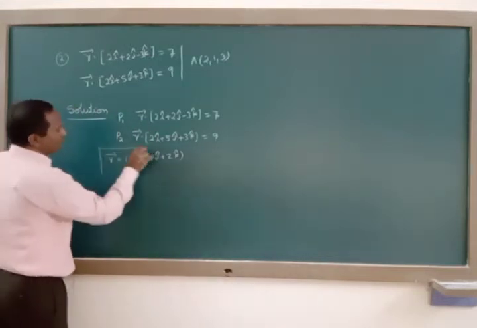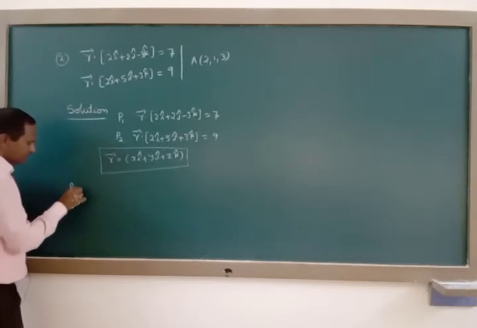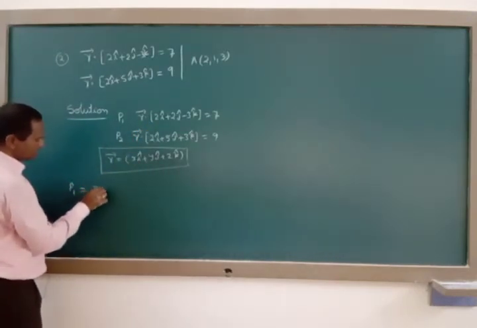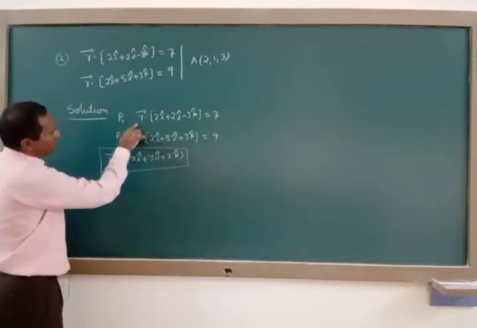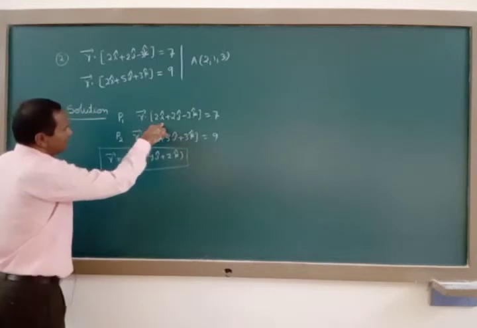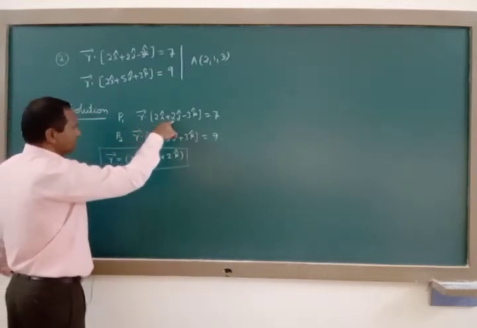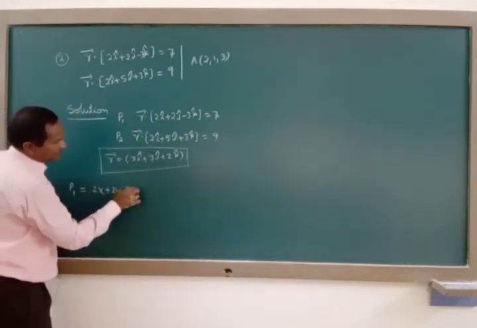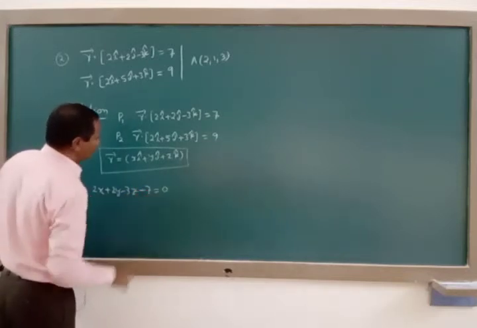Put this r vector in the given two planes, then P1 becomes 2x plus... at the same time take the dot product between these two vectors. Then the required plane P1 in Cartesian form is 2x plus 2y minus 3z, send 7 this side, minus 7 is equal to 0.